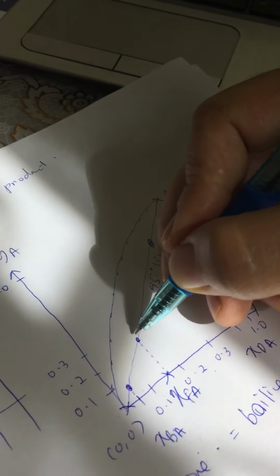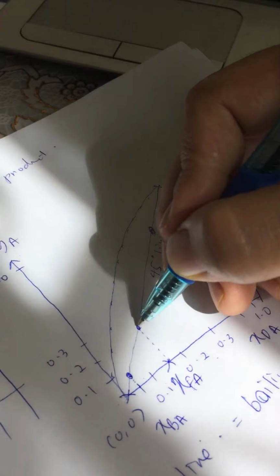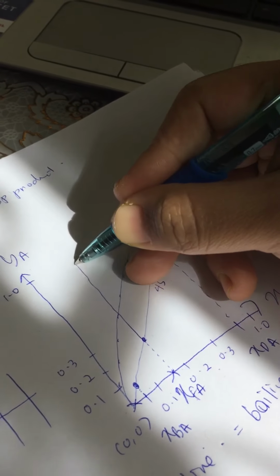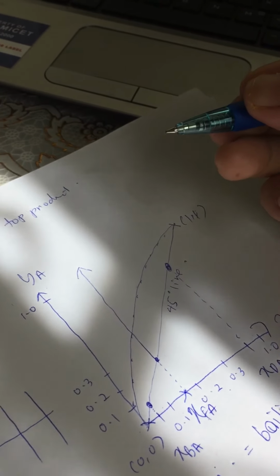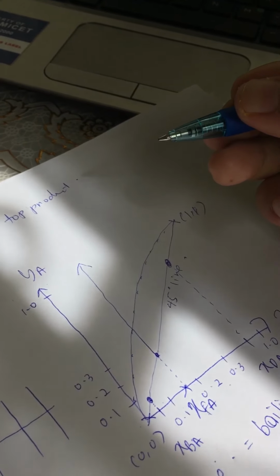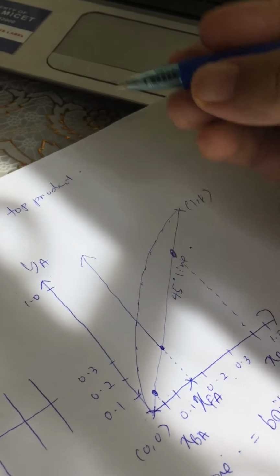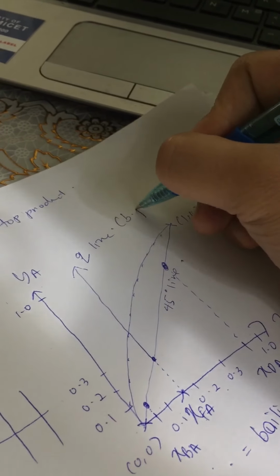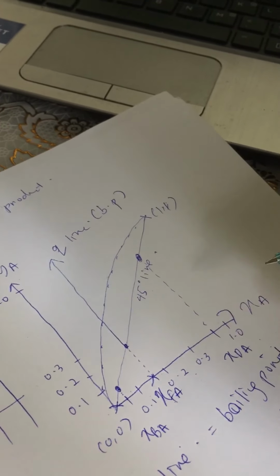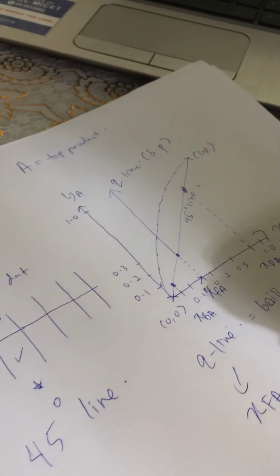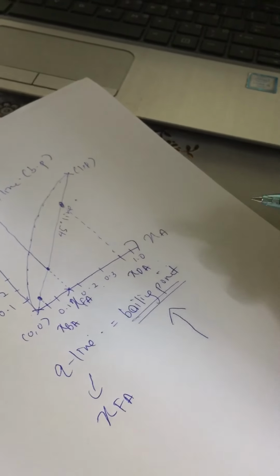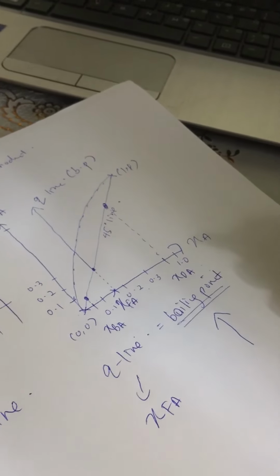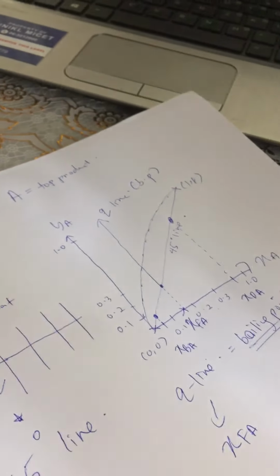Using your ruler, following the boiling point condition, you just elongate the line upwards to infinity. So this will be your Q line, according to the boiling point condition.